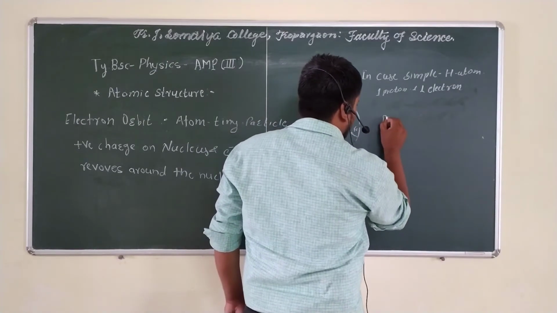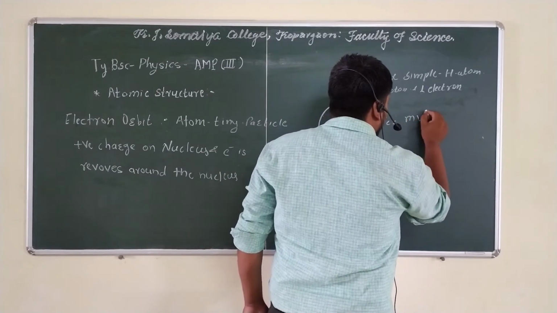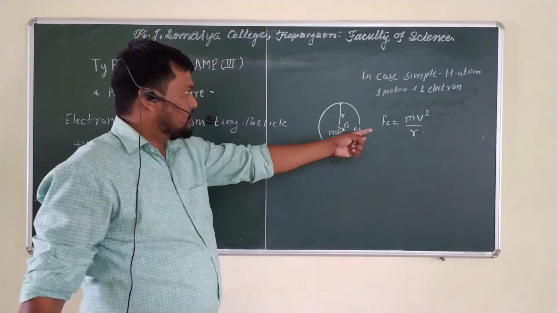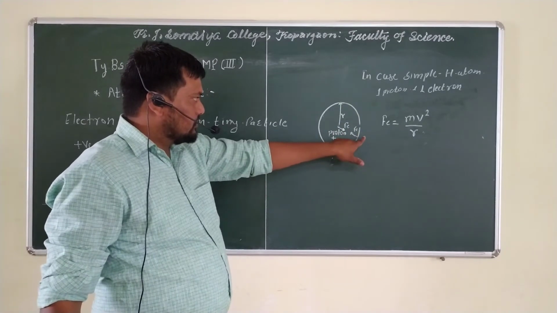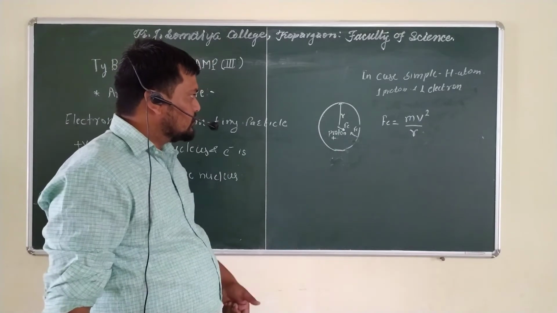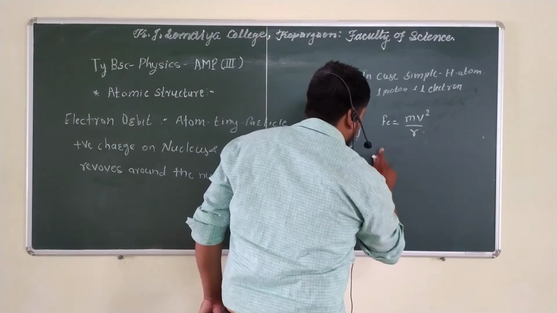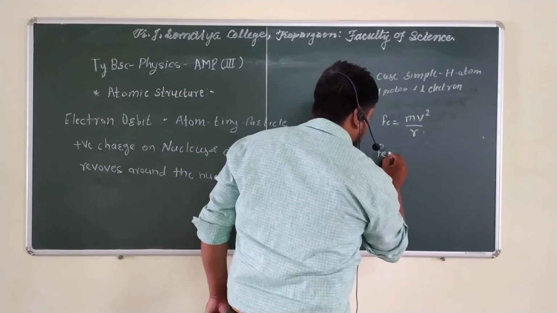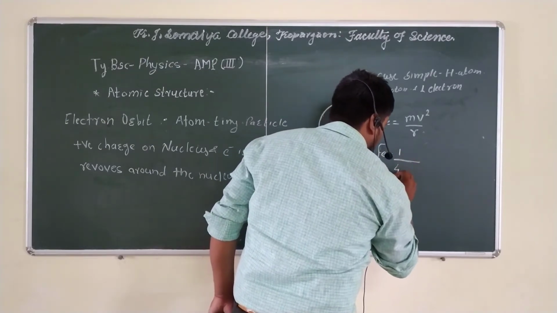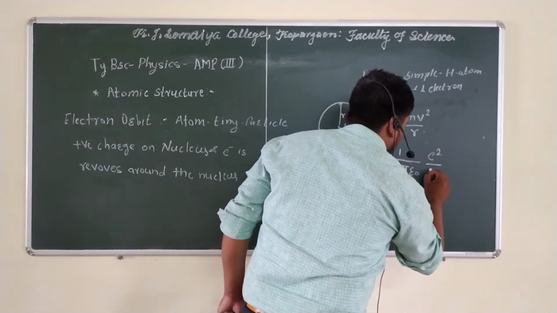That centripetal force is Fc equal to mv square divided by r. This is the centripetal force acting on the orbital electron, which is bound to the nucleus. The Coulomb force is given by Fe equal to 1 upon 4 pi epsilon naught, e square divided by r square.